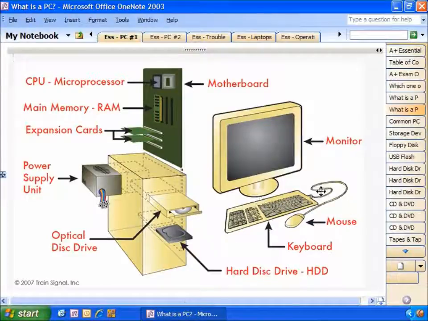Then there's the keyboard and the mouse, and those are shown right here. These are your input devices. These are peripherals, they call them, or add-ons, that hook up to the personal computer over here. Technically they're not required, but 99% of the time you've got to have a keyboard and a mouse to interact with the PC. So those are the different components of the PC.